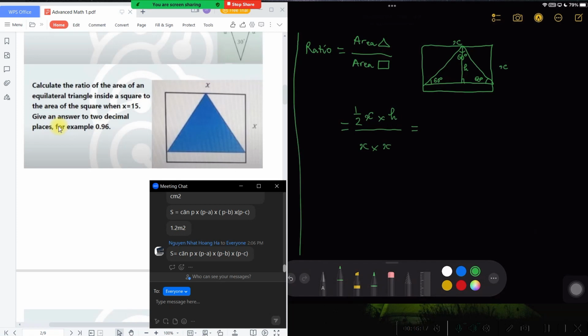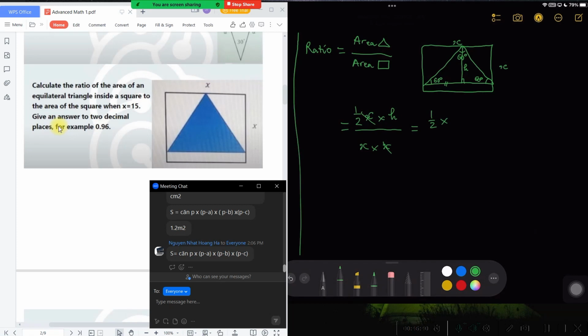And the height here is basically because this one is 60 degrees, so h is what? Cái h này nó sẽ có quan hệ là căn 3/2 so với lại cái cạnh nhỏ này, đúng không mọi người? Yeah.